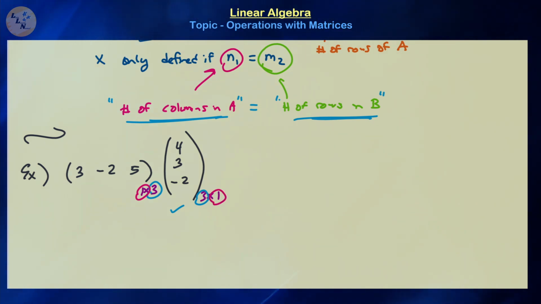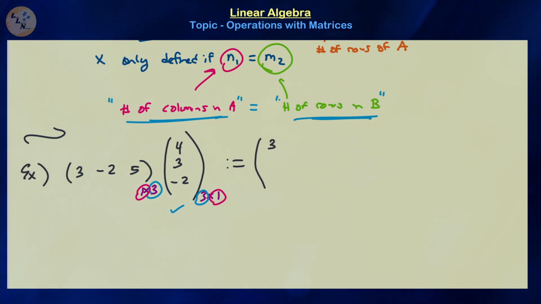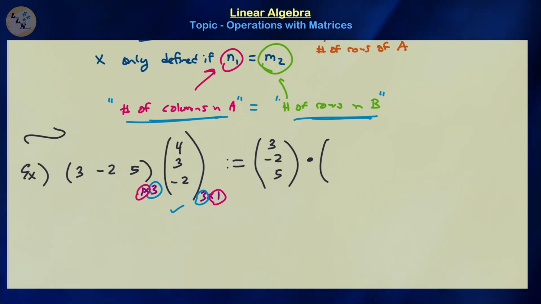So if this is a 1 by 1 matrix, so that's practically sort of a number, right? What would a natural definition be for this product? Well, that's sort of like a dot product, is it not? So we can define a row vector times a column vector to be equal to the dot product of 3, minus 2, 5 with 4, 3, minus 2.